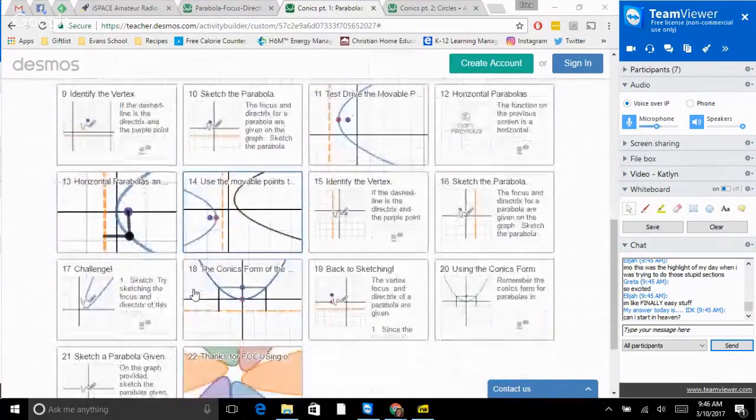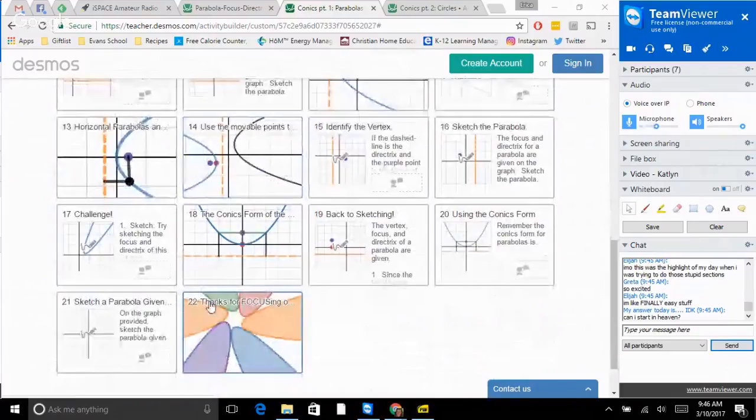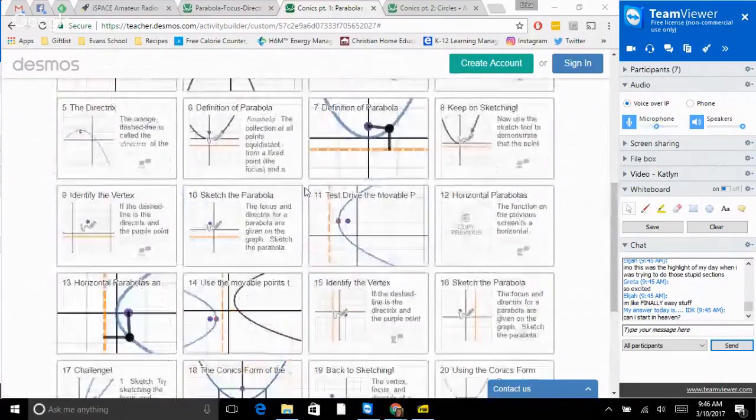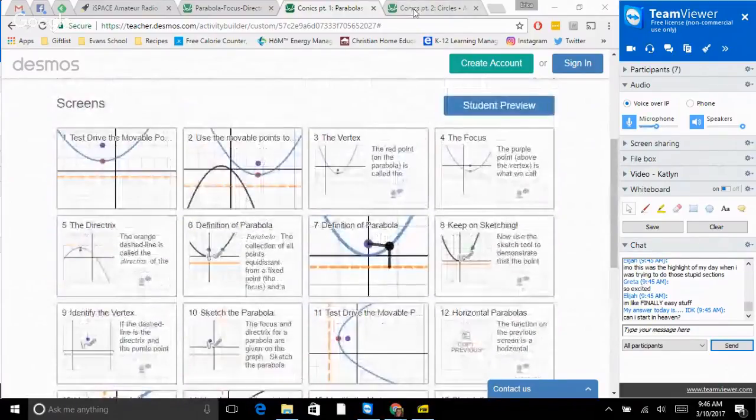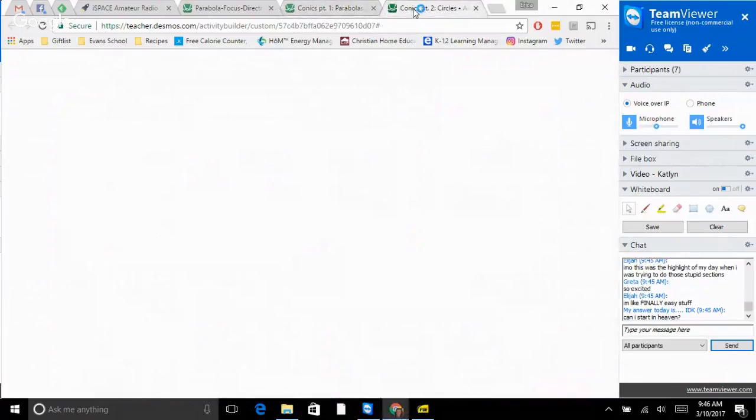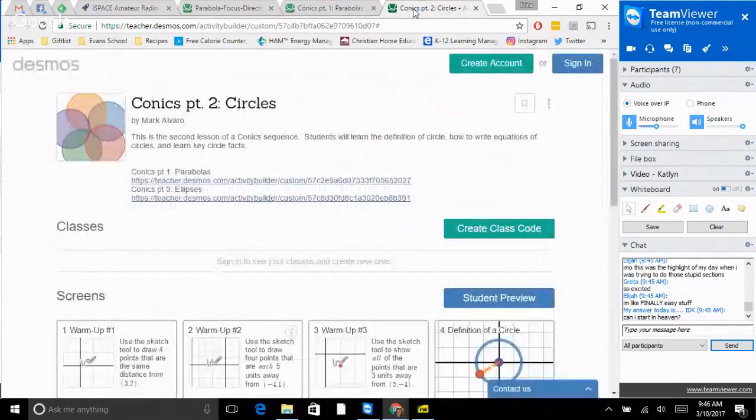I'm not going to make you do this for parabolas, but they have it for circles and, I think, the next sections that we do. So, ellipses, they have it for ellipses. I need to go through the ellipse one again and the circle one again.